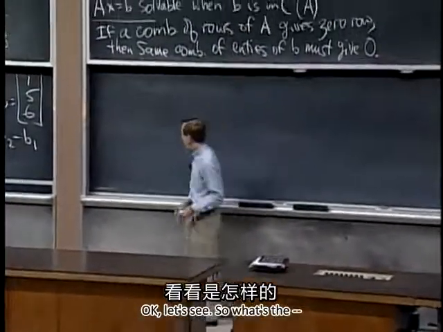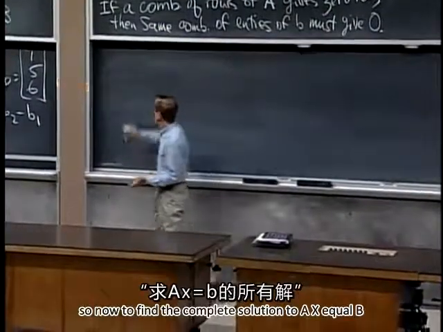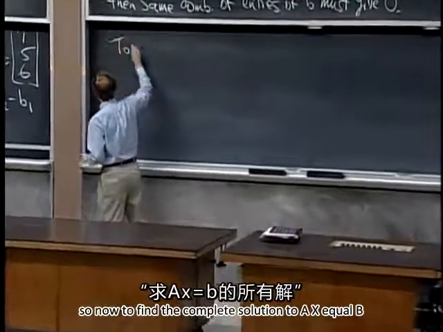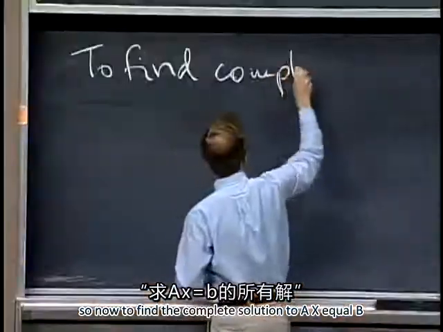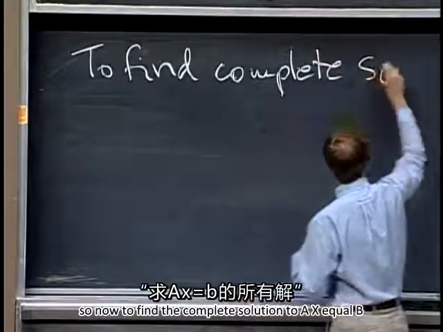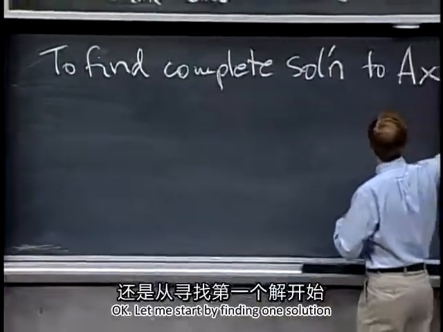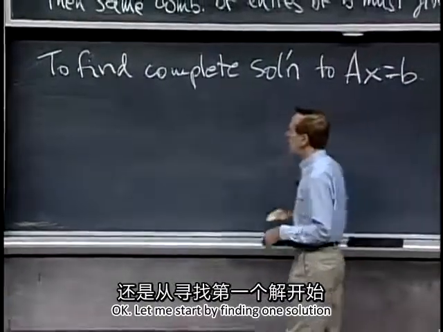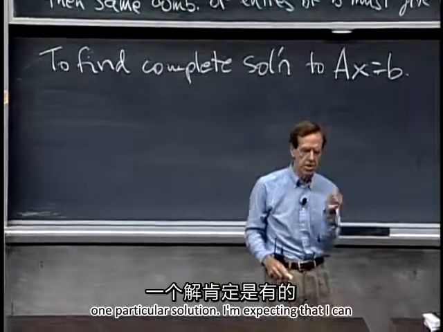Okay, so now to find the complete solution to Ax equal b, let me start by finding one solution. One particular solution.